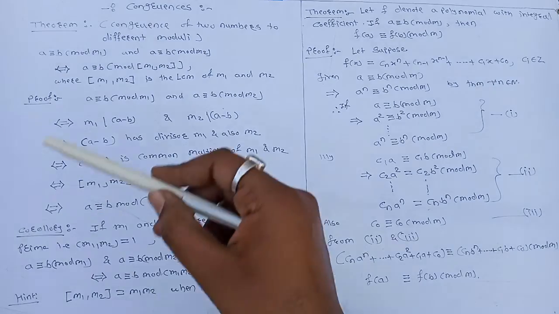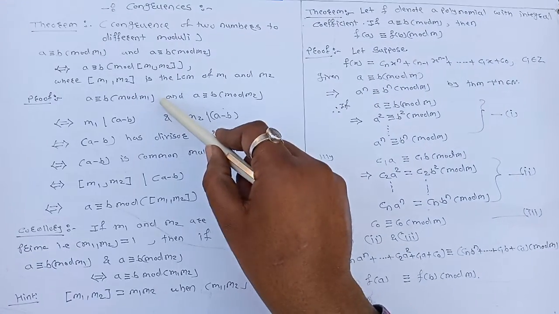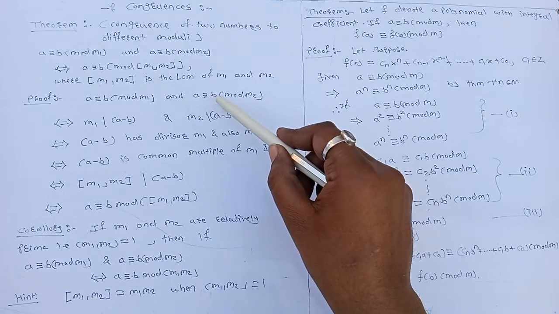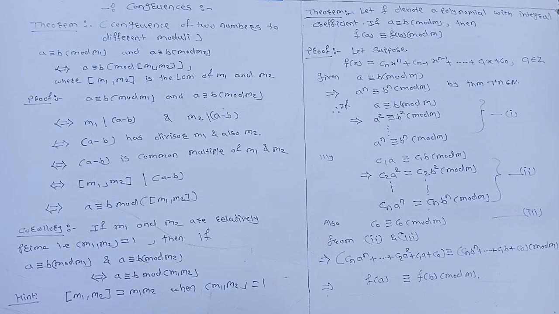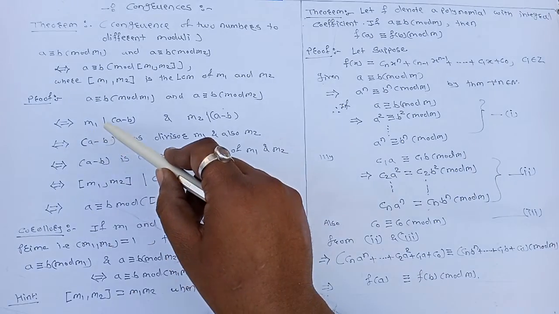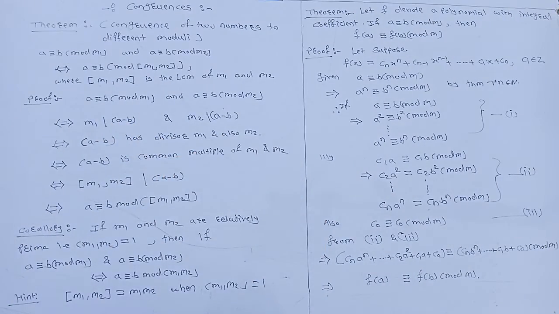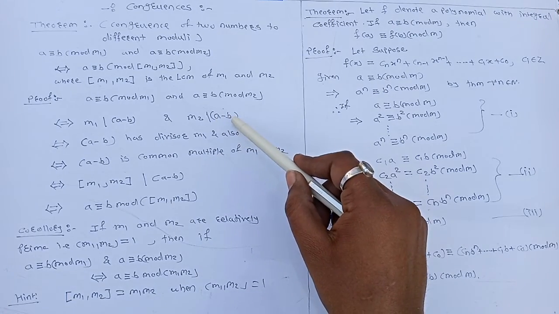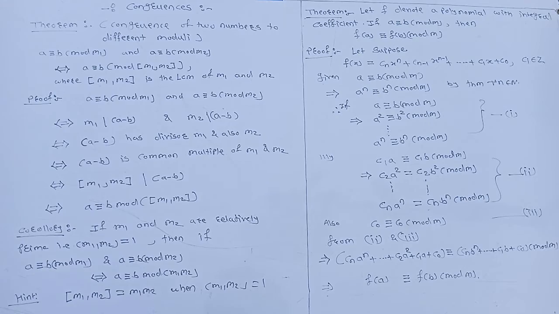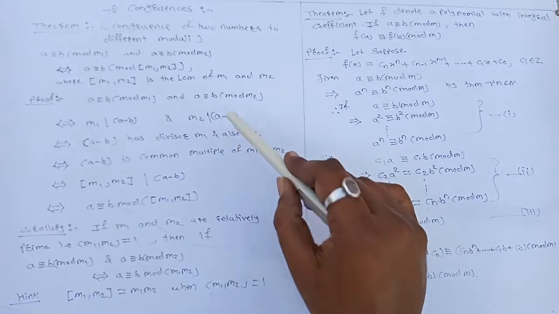Now the proof. A is congruent to B mod M1 and A is congruent to B mod M2 if and only if M1 divides A minus B and M2 divides A minus B, by the definition of congruence.